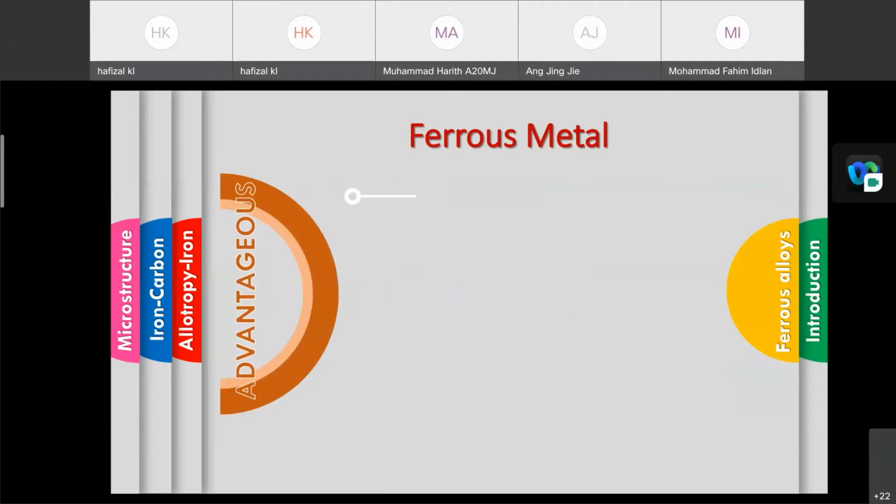So the advantages we will learn about for ferrous metal. The first one is that the compound exists in abundant quantity, because ferrous was mainly used in the Iron Age also. In the Iron Age they used this metal to produce tools, weapons, and also household kitchen items for daily life.